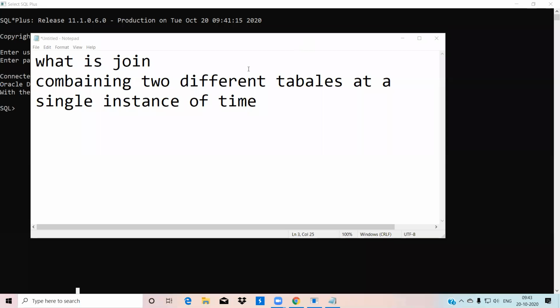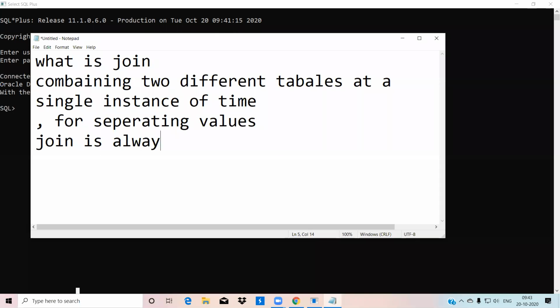We use a comma for separating values. The join is always used in the place of the where clause.